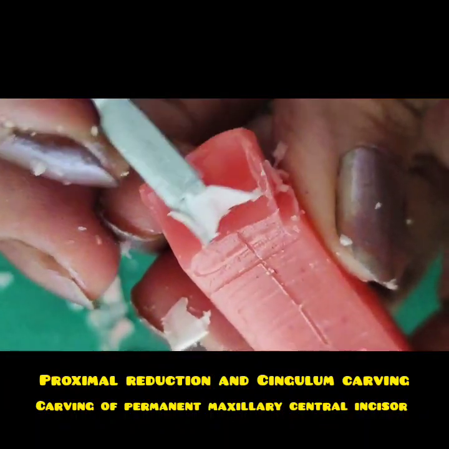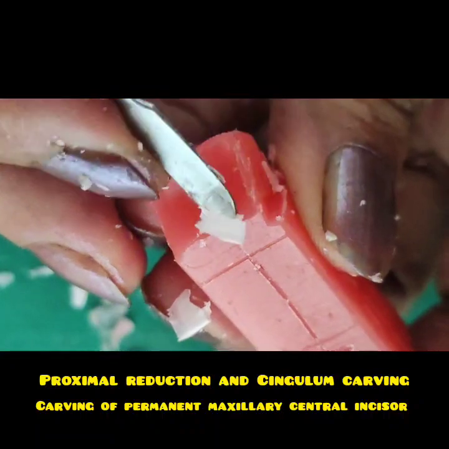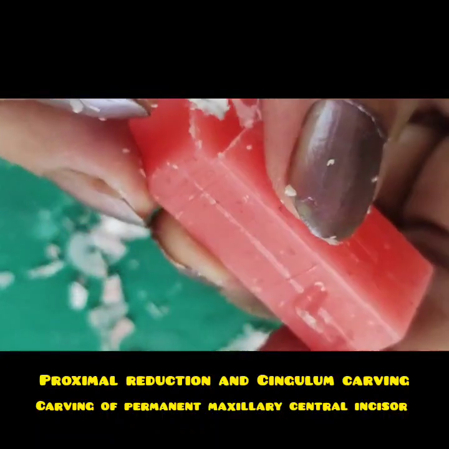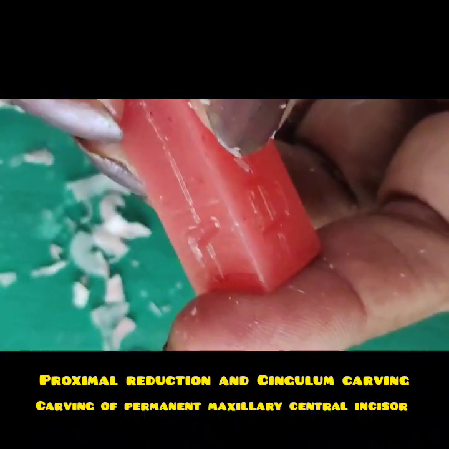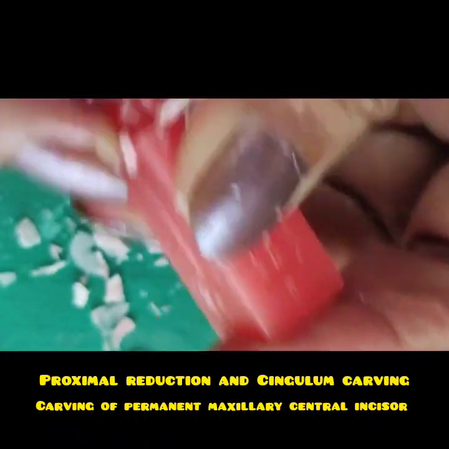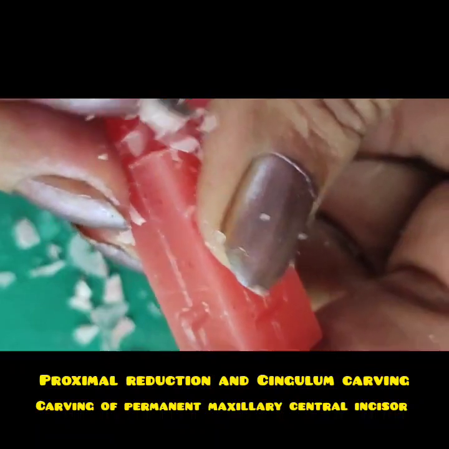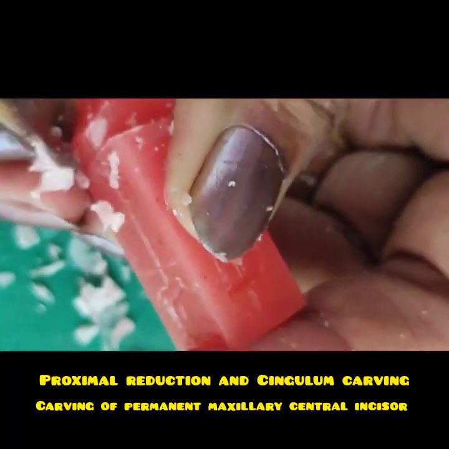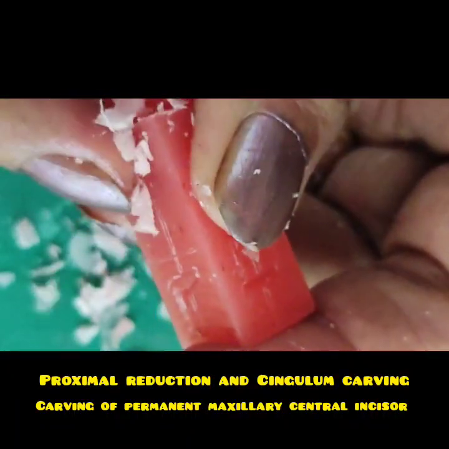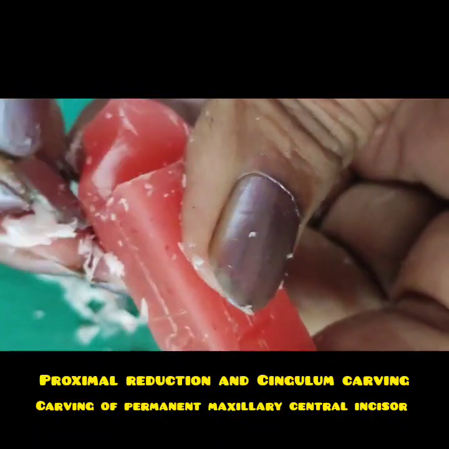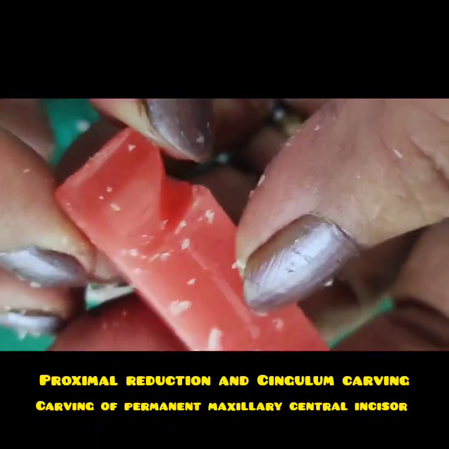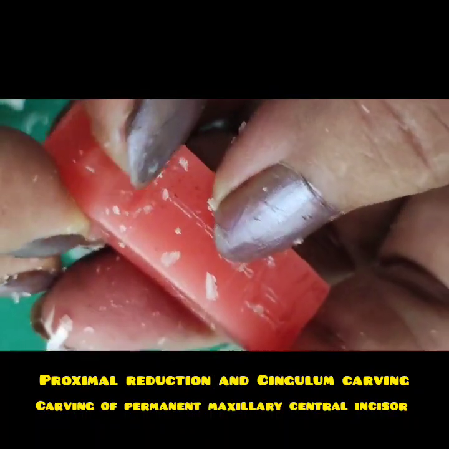Currently it is very flat, so I will give proximal convergence from both sides till I reach the cingulum towards the midline, so that my cingulum will be rounded. Like this, you can see I have created the cingulum proximal convergence.